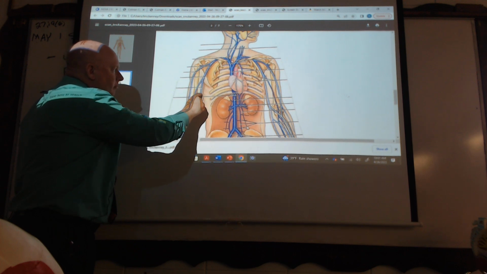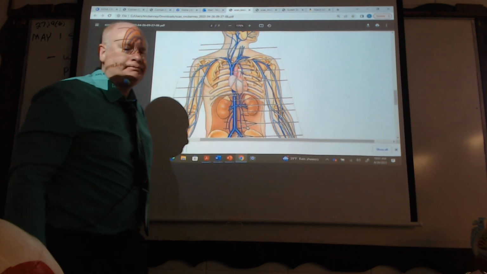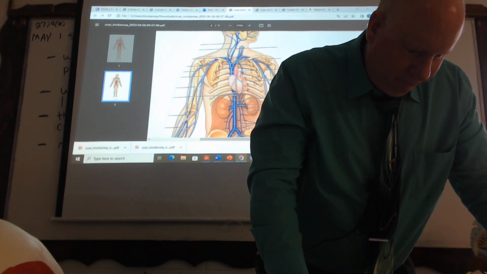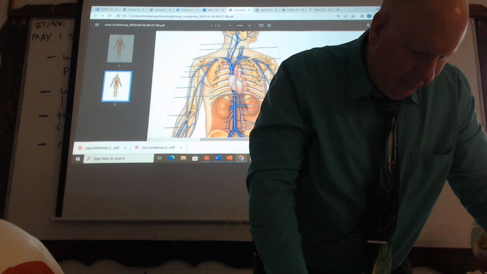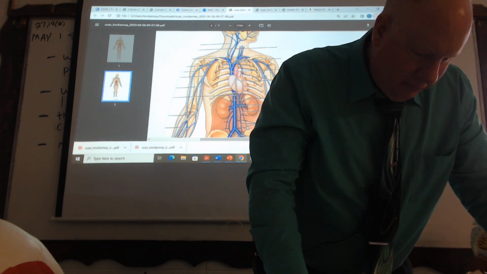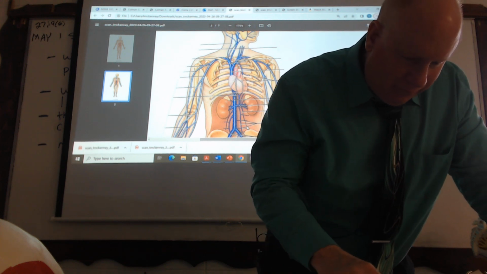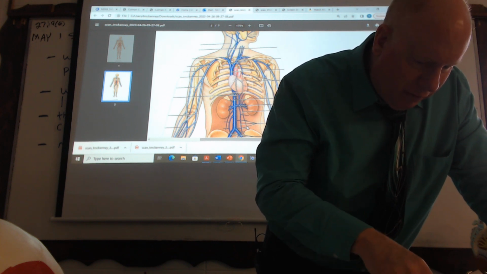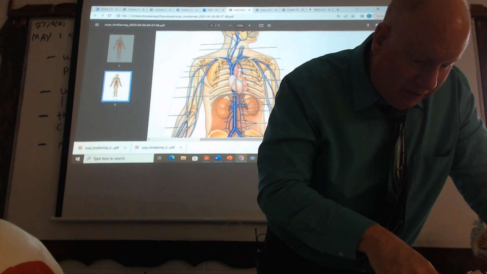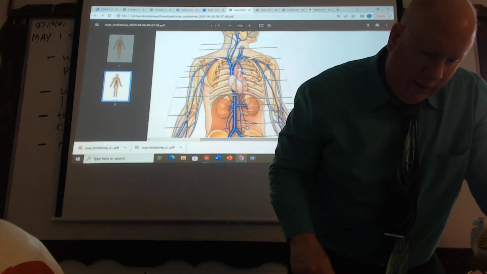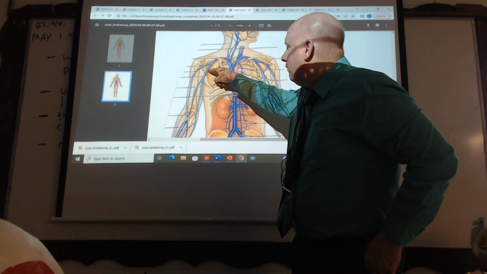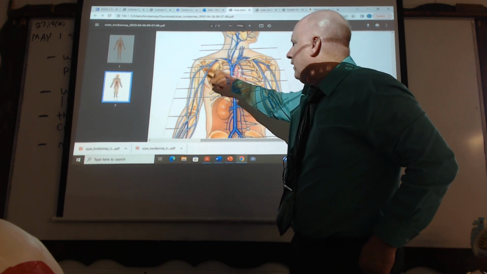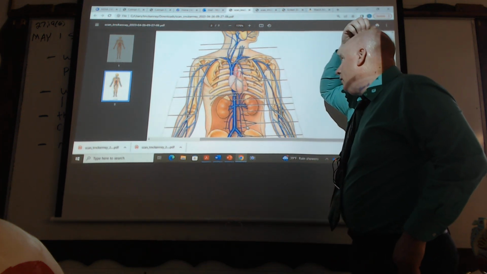I believe this is the brachial, that is the deep brachial. Yes. Oh, wait a minute. There is no deep brachial. It's called basilic. So, yes, this is the brachial vein. We're not going to go any further past that because it's called the basilic. Okay, brachial vein right there. All right.